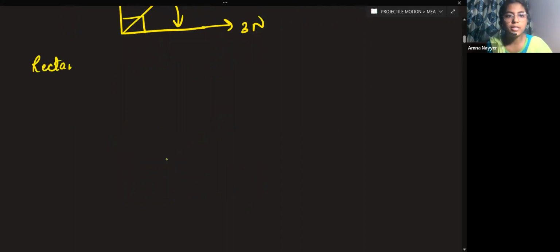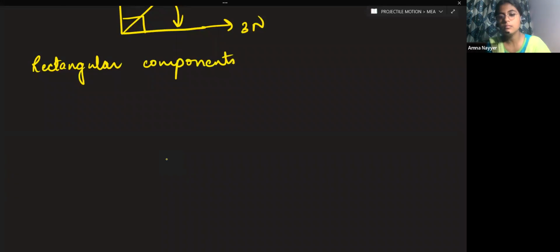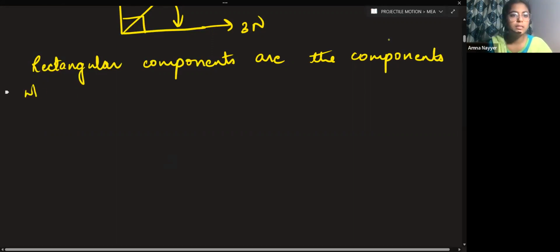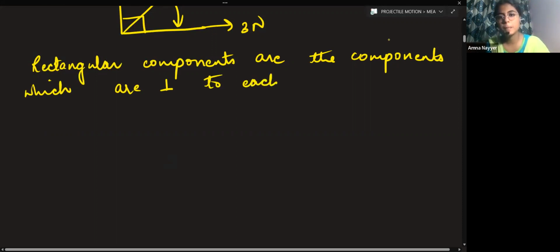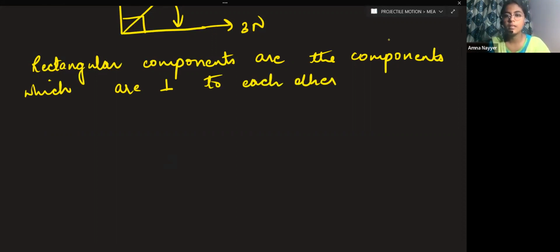So rectangular components are the components which are perpendicular to each other.